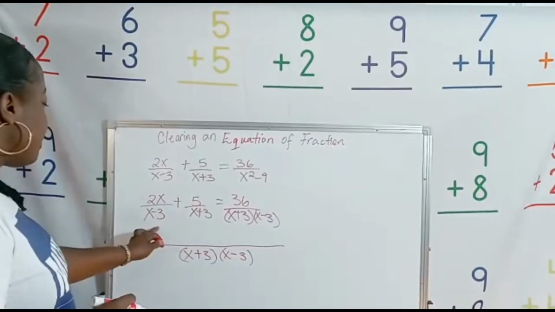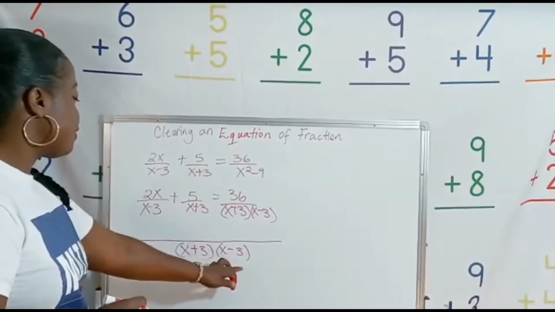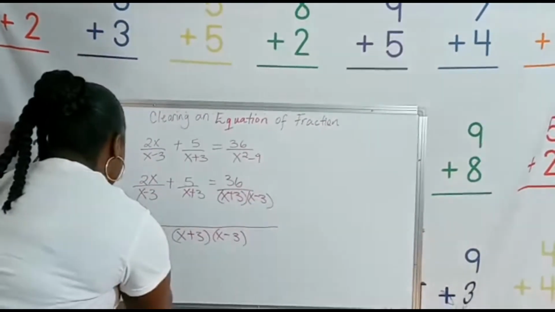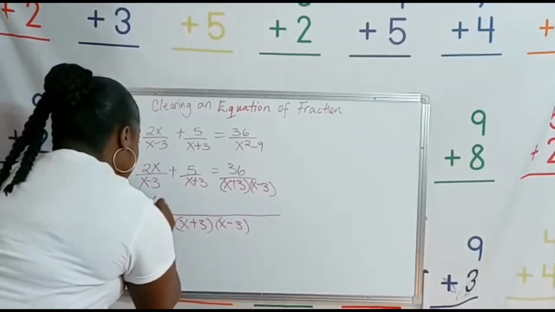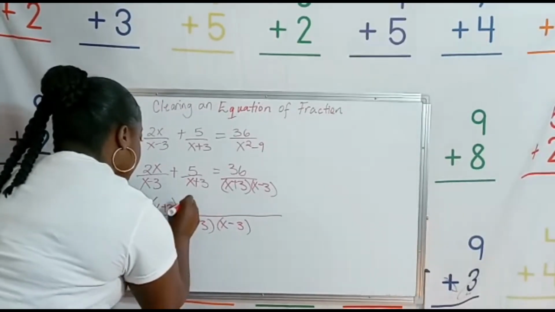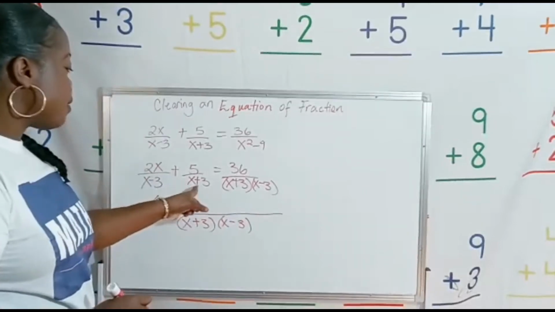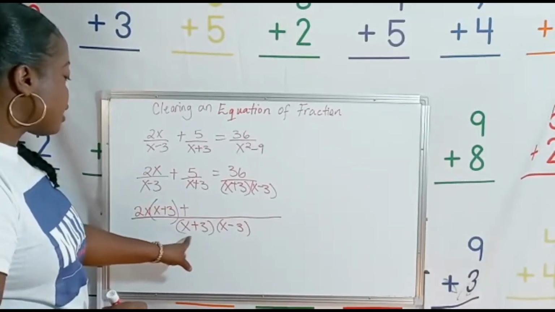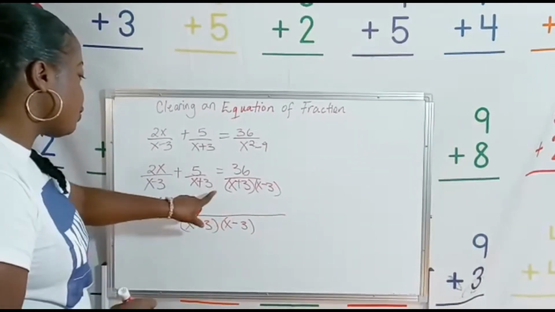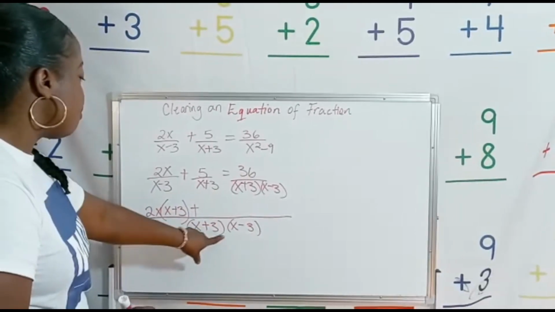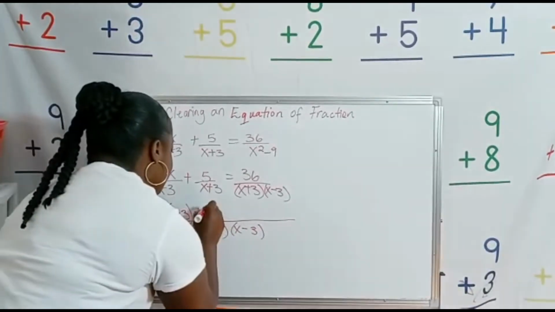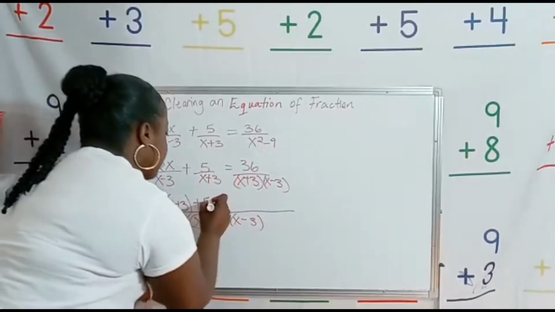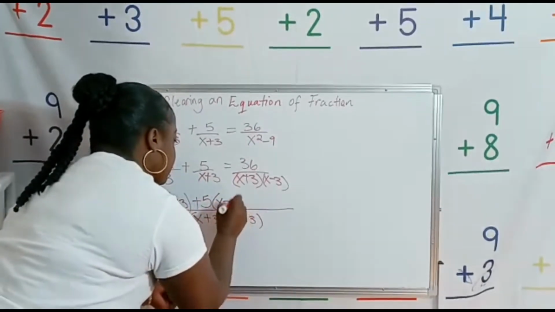So x minus 3 into x plus 3, x minus 3, I'm left with 2x times x plus 3. Plus, I have x plus 3 into x plus 3, x minus 3. Of course we know that this x plus 3 cancels this x plus 3, so I have 5, which is my numerator, times x minus 3.